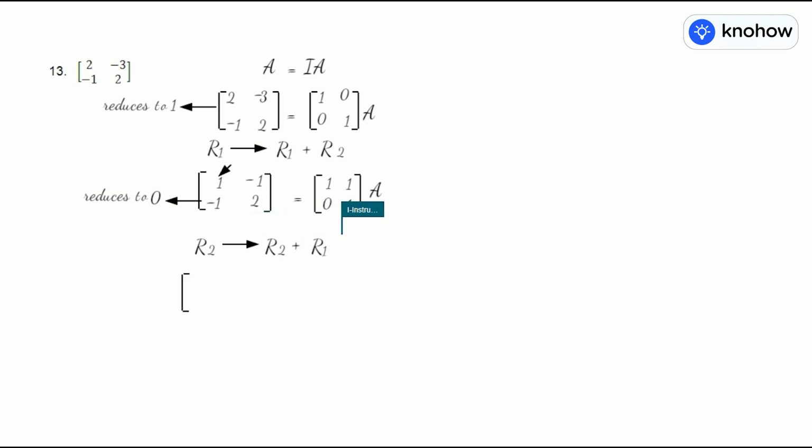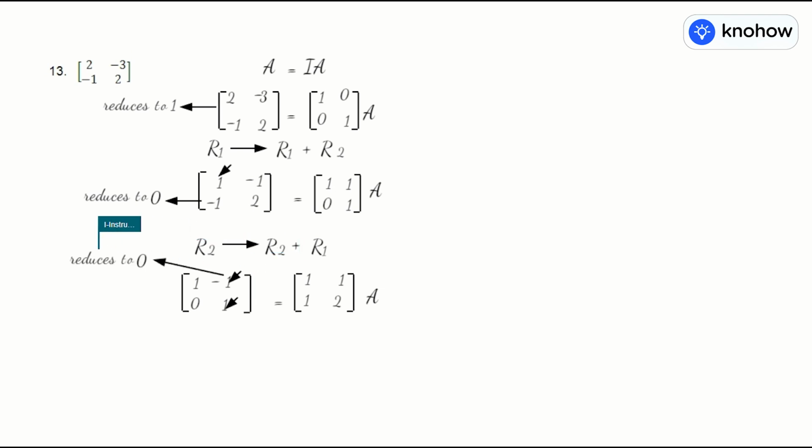You get the first row 1, minus 1 as such. In the second row you get 0 and 2 minus 1, 1. Similarly on the right side, the first row 1, 1 as such. In the second row 0 plus 1 is 1 and 1 plus 1 is 2, times A. In our next step, we wanted to make this element A22 as 1, which is automatically good for us. And now finally, you want to make this element A12 equal to 0.